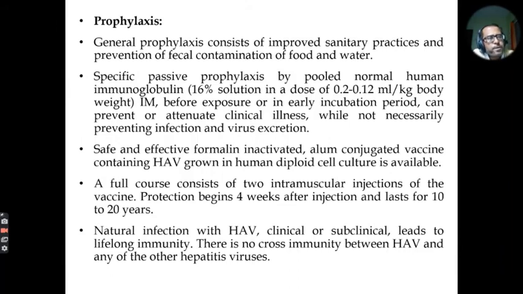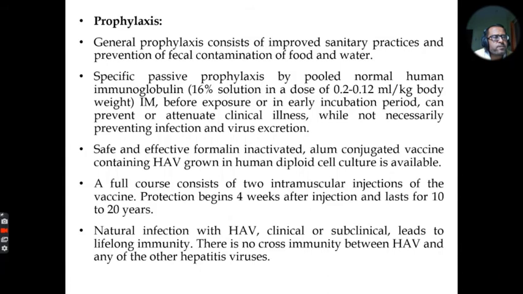Some vaccinations have been developed, such as a safe and effective formalin inactivated, alum conjugated vaccine containing the hepatitis A virus which is grown in human diploid cells. Human diploid cell culture vaccines are available against this virus.